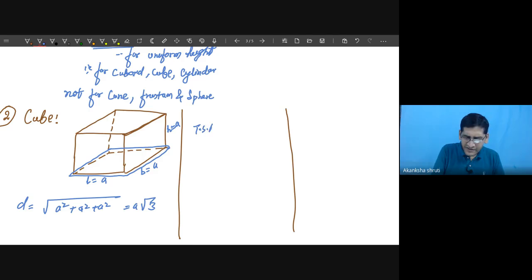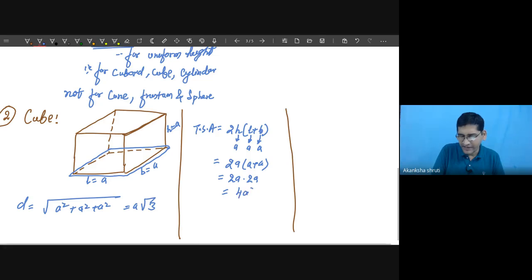The TSA, twice, sorry, twice of H, L plus B. This was the formula for cuboid. This is A, this is A, this is A. So this becomes twice of A plus A. This is like twice of A into the inner one is also twice of A, so 4 A square.